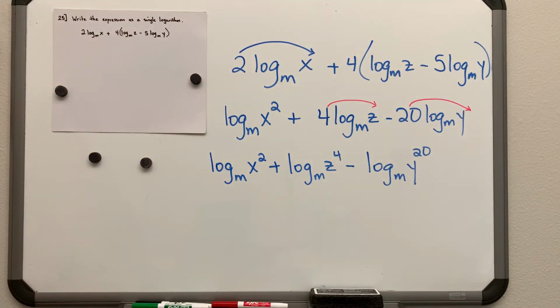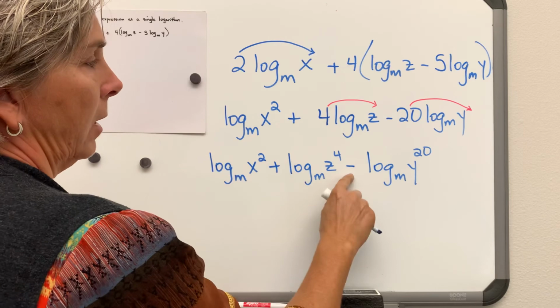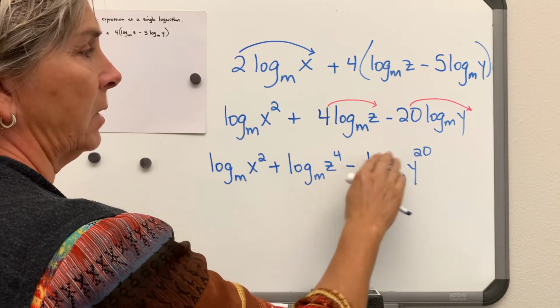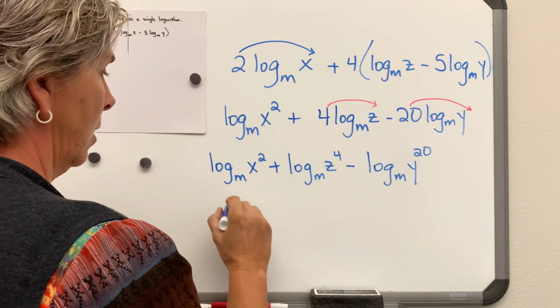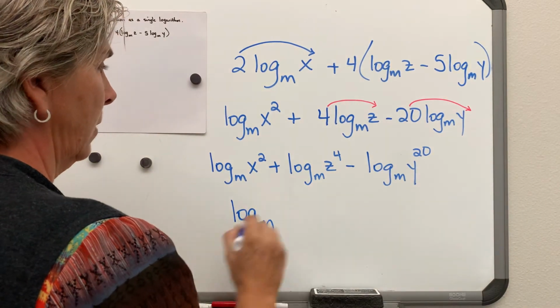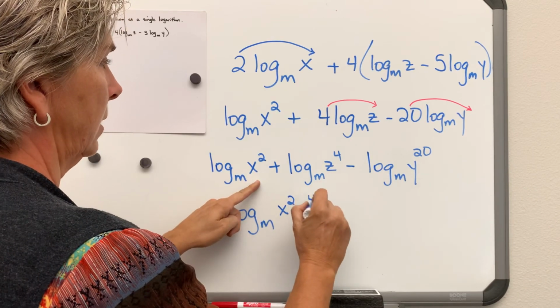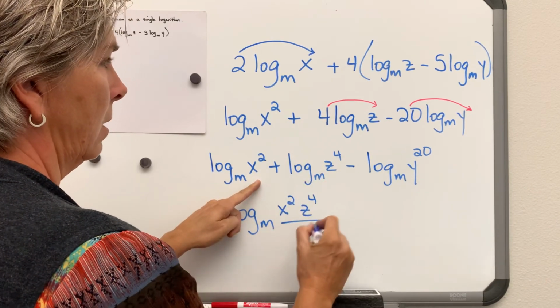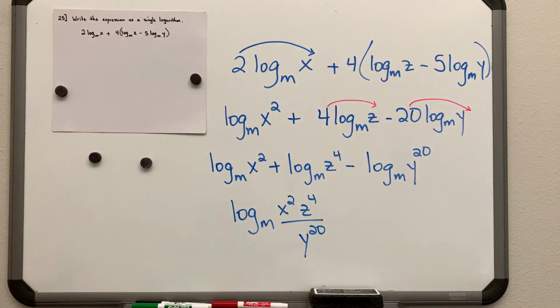All right, so I'm almost done. Remember, the plus allows me to multiply, and then the minus is the opposite, so it allows me to divide. So if I'm going to write this as a single logarithm, I'm just going to have a single log base m. The x squared gets multiplied by the z to the 4th, and then the y to the 20th is divided because of the subtraction sign.